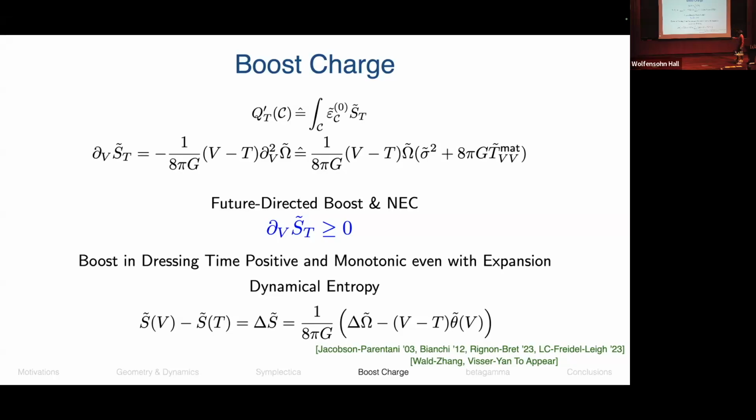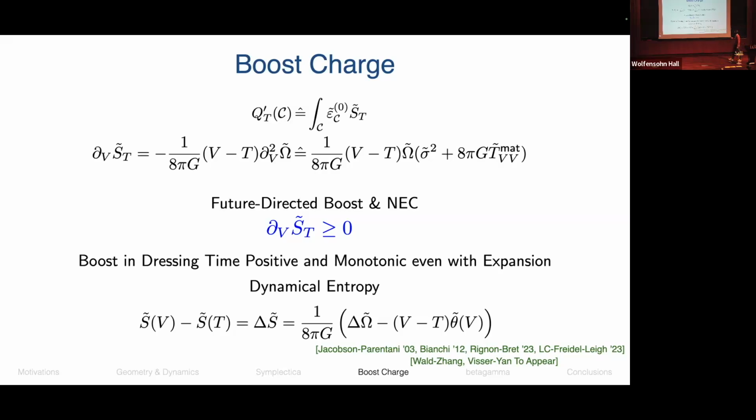This has been advocated, as far as I can tell, 20 years ago, but also very recently, to be the correct generalization of the notion of entropy for dynamical horizons from the phase space. I've been told that there are two different groups, Bob Wald and Zhang, and Visser and Yan, that are working on this notion right now. And here, I'm proposing that it comes from the boost charge on the phase space that I constructed from null Raychaudhuri in dressing time, in the primed phase space.